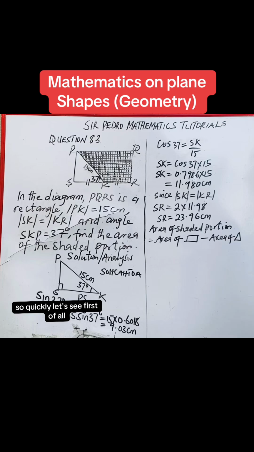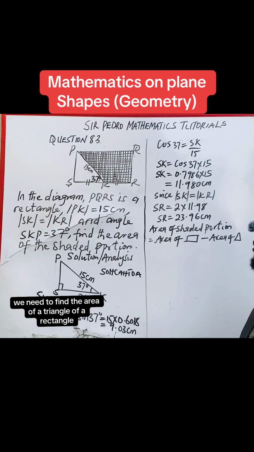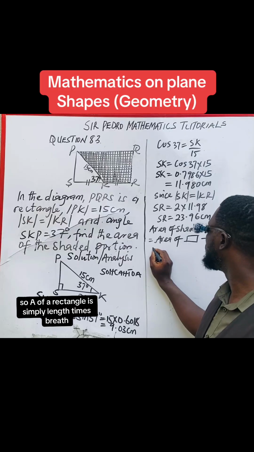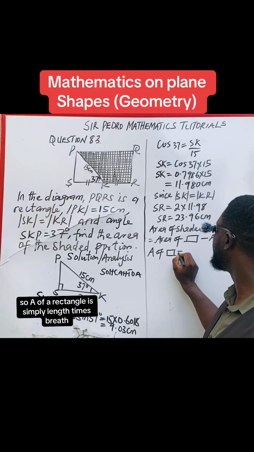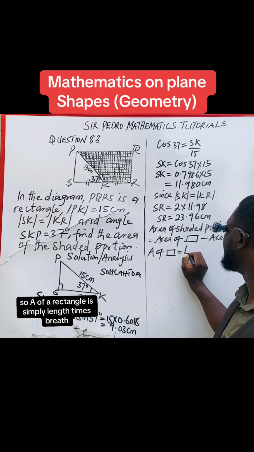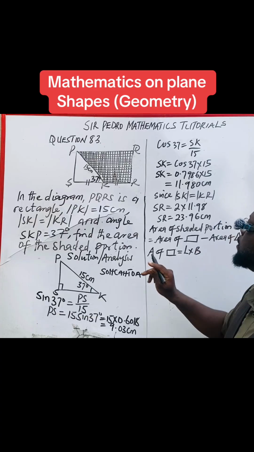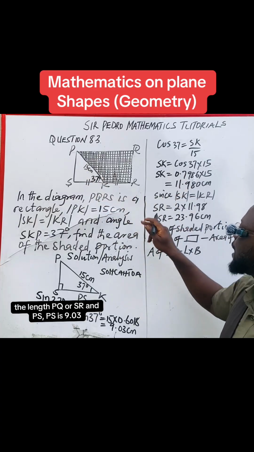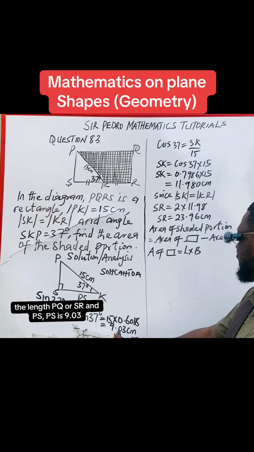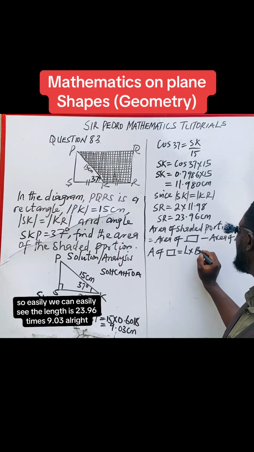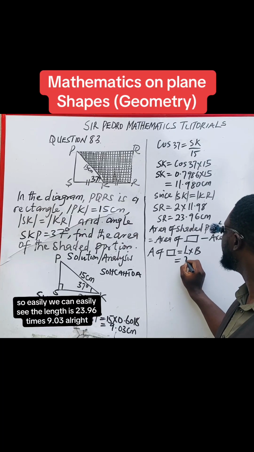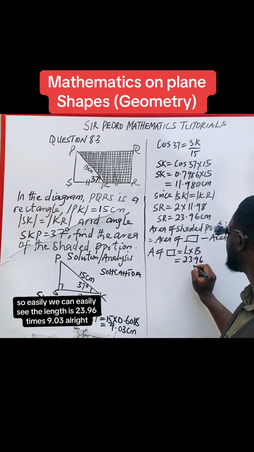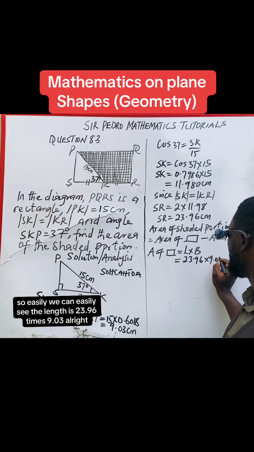First of all, we need to find the area of the rectangle. The area of a rectangle is simply length times breadth. The length is 23.96, and PX is 9.03. So easily we can say the area is 23.96 times 9.03.